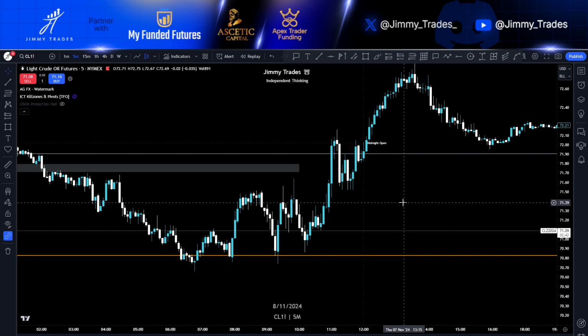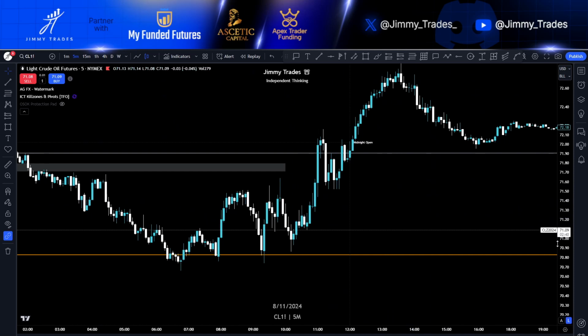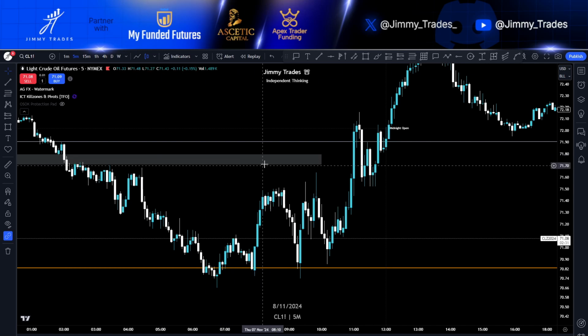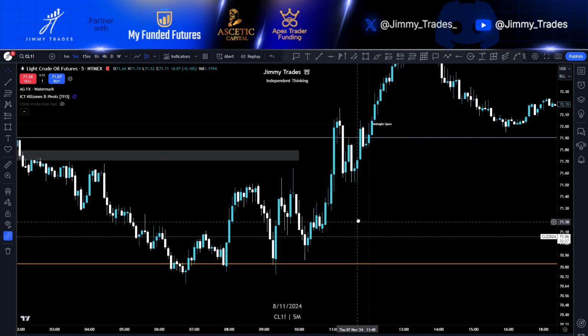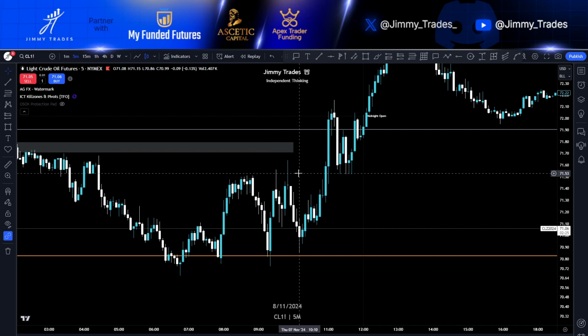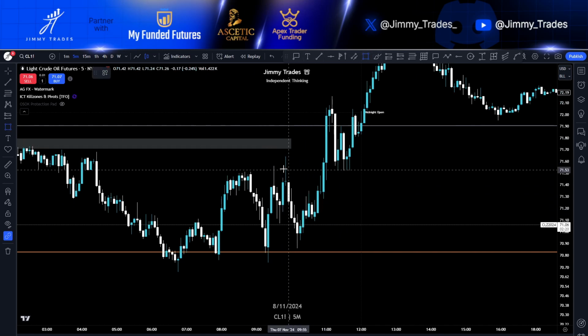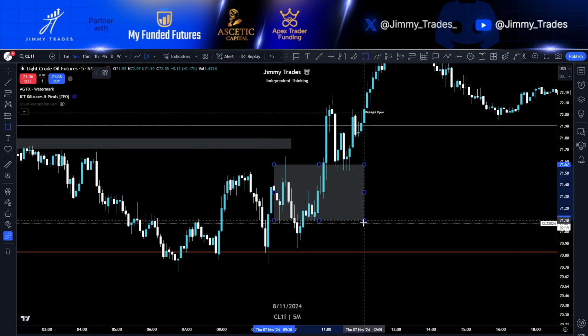So just moving to the 5-minute here, we were looking, this would have been the area of interest, the high time frame point of interest that price needed to push into. That didn't happen. So here was the formation, and this is the trap, guys.